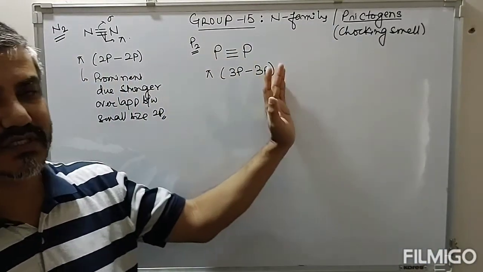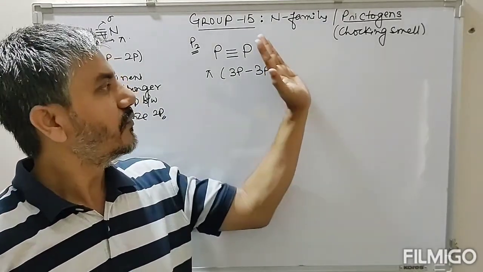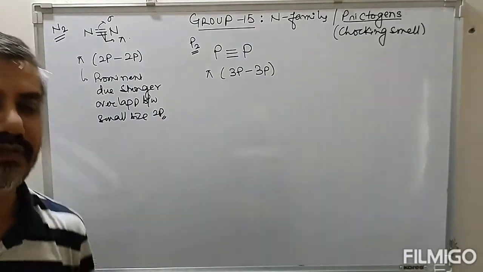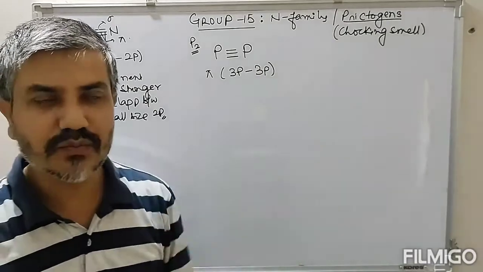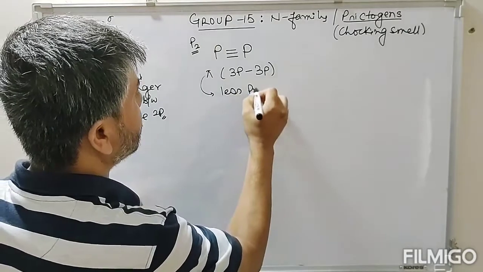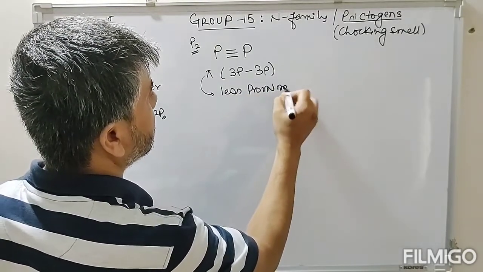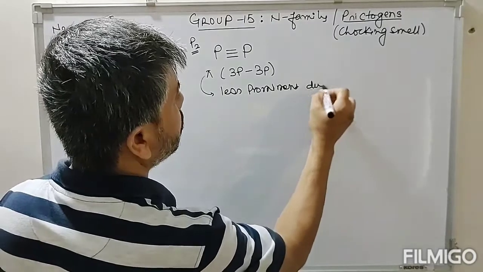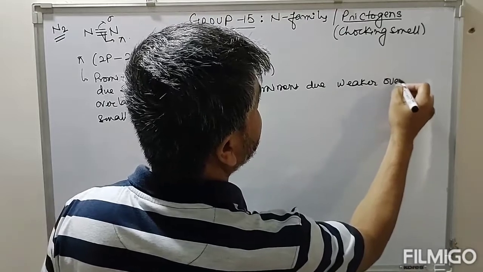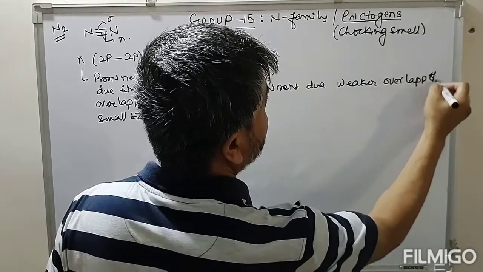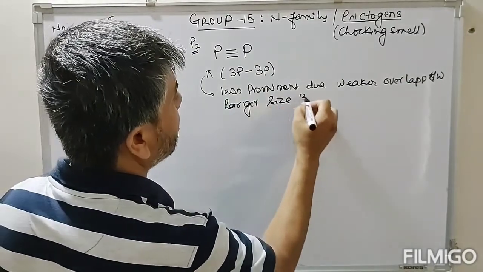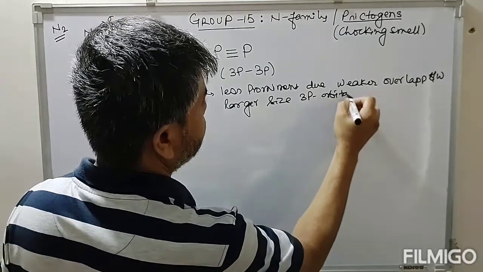If the pi bond formation does not take place in phosphorus, then moving down the group, the size of the orbital also increases, so the pi bond formation becomes less and less prominent. So this pi bond is less prominent due to weaker overlap between larger size 3p orbitals.